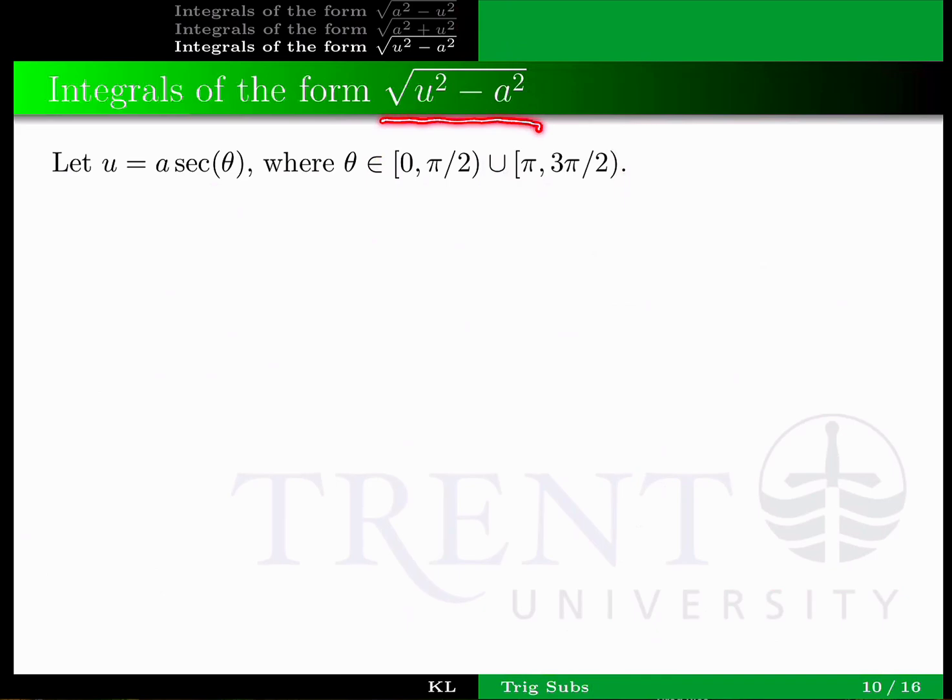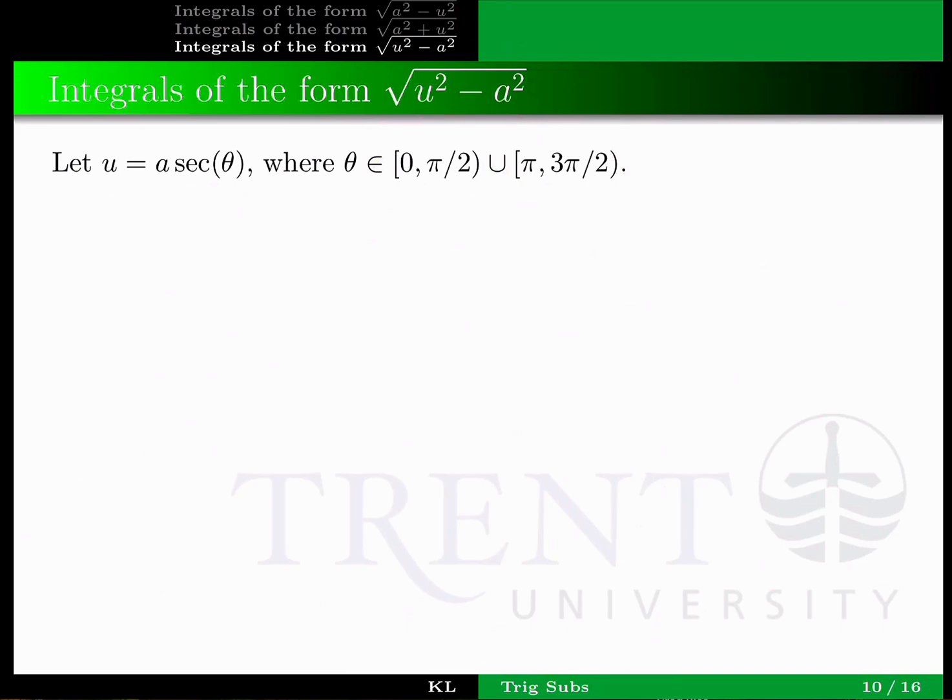Now, we can remove the absolute value knowing that our theta is in the first quadrant and third quadrant. Remember that in the first quadrant and third quadrant, tangent theta is positive. So we know that the something inside the square is positive. So if we take the square root of that, we don't have to put the absolute value.